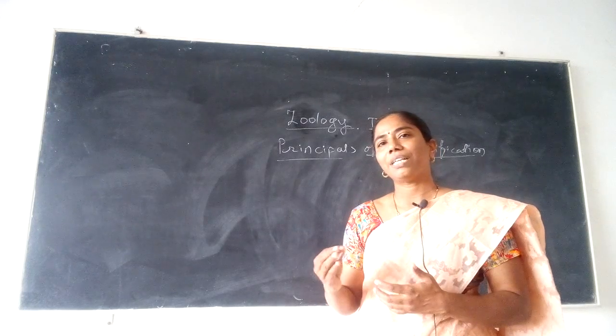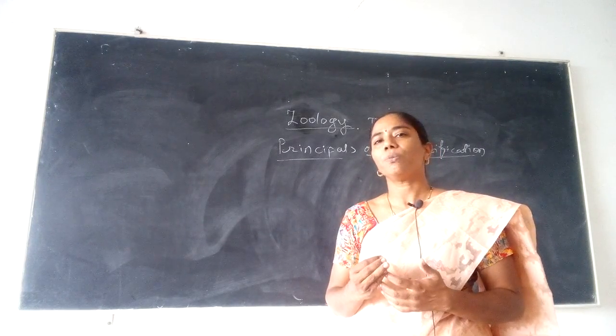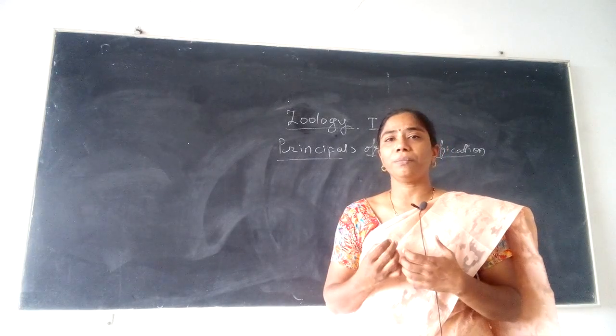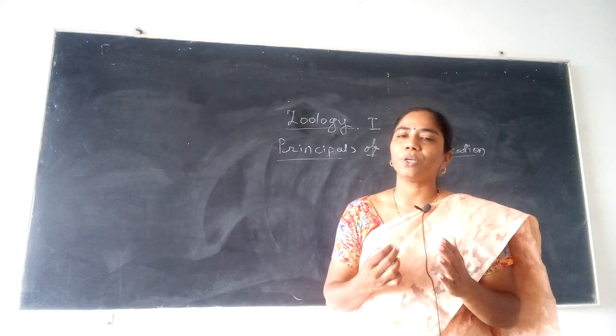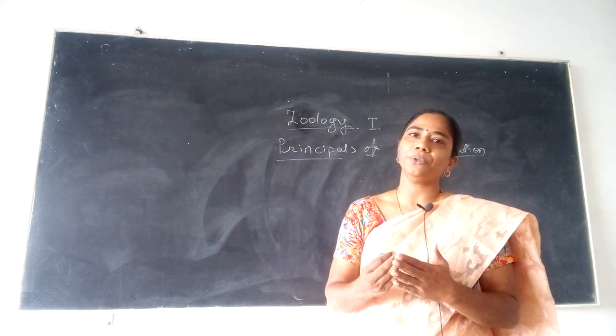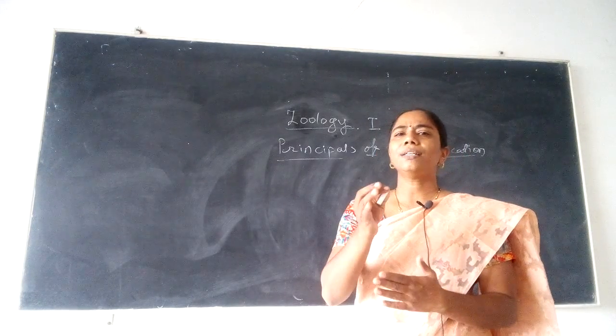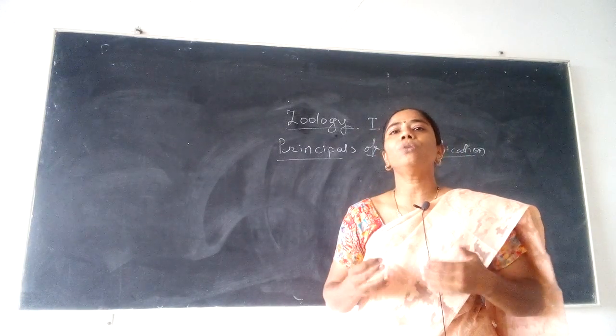These are the different types of animals we observe around us, and at least some of them are familiar to you, because you already studied them in school or in 11th or 12th. So they are known to you.